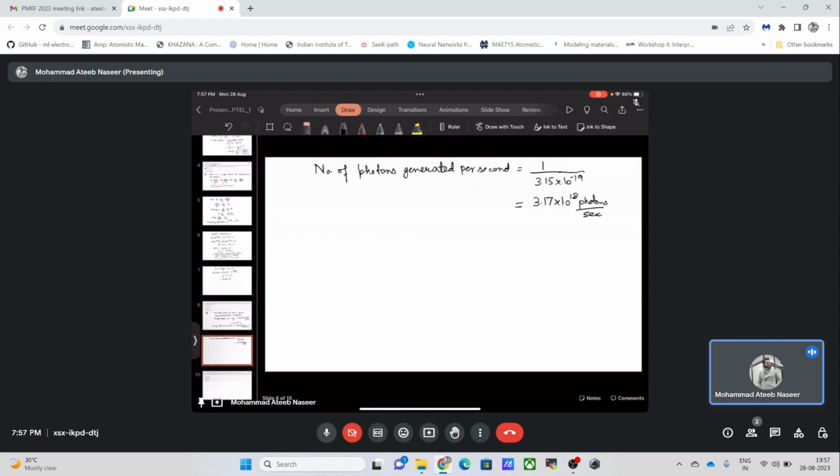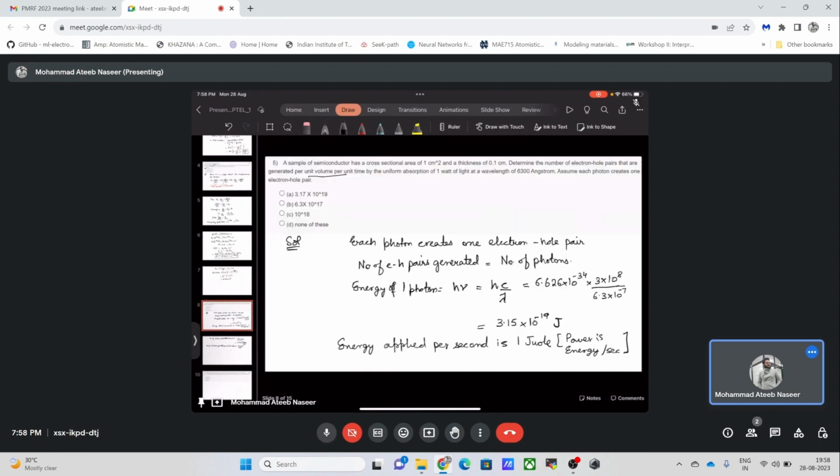So the number of electron hole pairs generated per second per unit volume is simply equal to 3.17 into 10 raised to the power of 18 divided by the volume. Volume is simply, I guess, it is 1 centimeter.